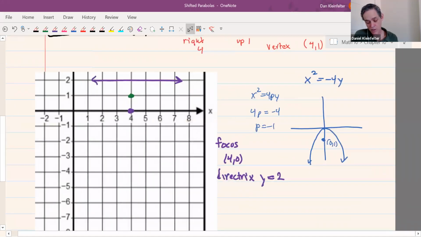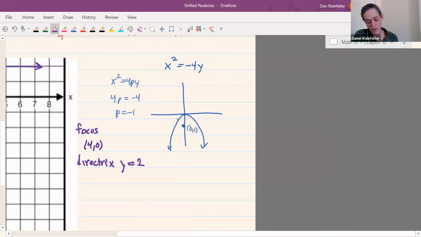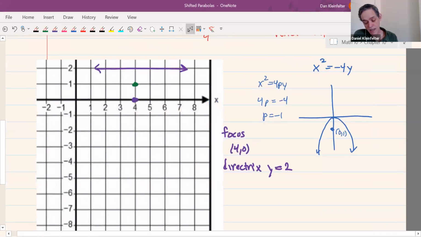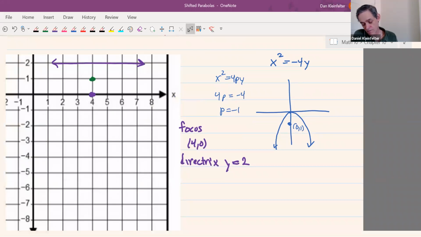Okay, so then in order to produce a couple of points to help us draw our graph, again, let me go to our unshifted version shown to your right. Okay, so we would need to come up with some points that we can use for this. So if we choose x to be 1, then let's see what that gives us. If x is 1, then y would have to be a fraction.